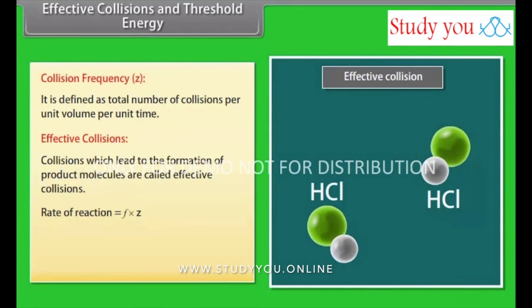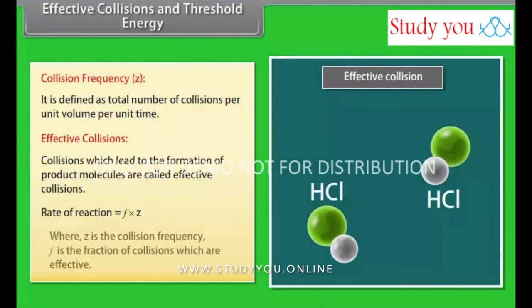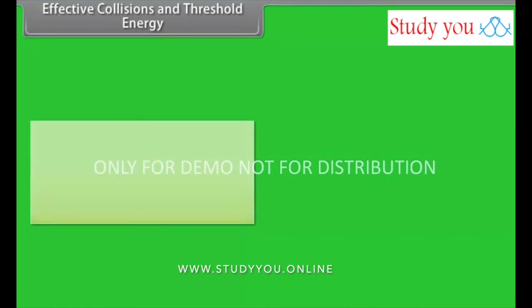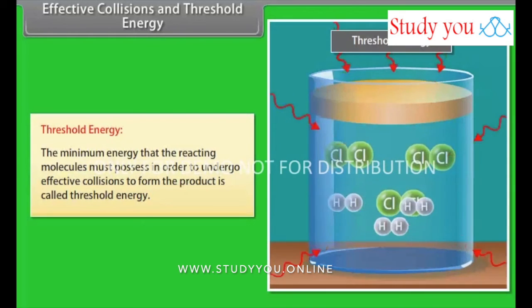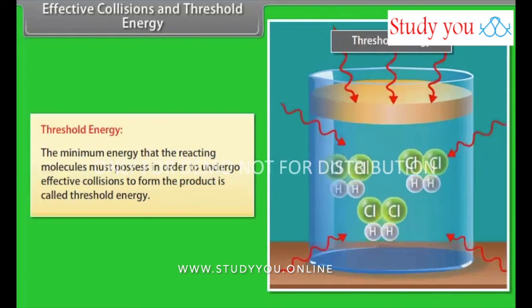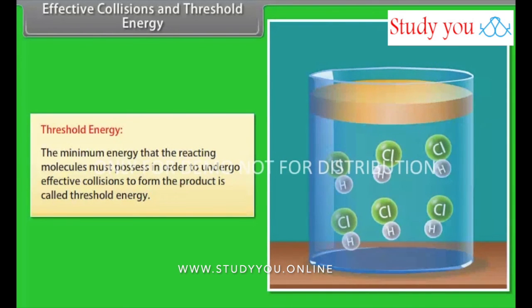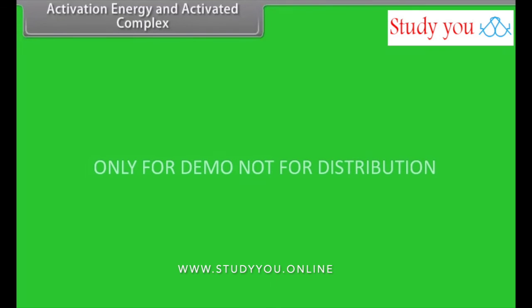Rate of reaction is equal to f multiplied by Z, where Z is the collision frequency and f is the fraction of collisions which are effective. Threshold energy: the minimum energy that the reacting molecules must possess in order to undergo effective collisions to form the product is called threshold energy, activation energy, and activated complex.